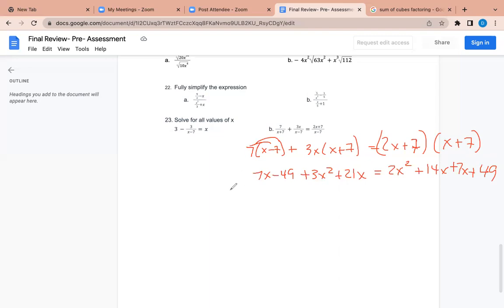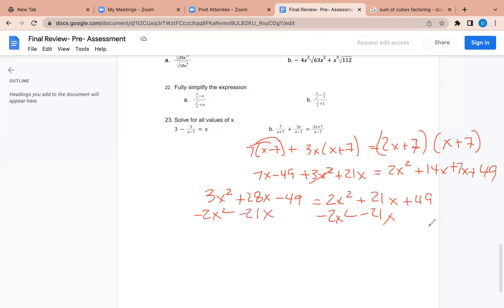Let's combine like terms and put them in order. 3x squared, this would be plus 28x minus 49 equals 2x squared plus 21x plus 49. So subtract the 2x squared, subtract the 21x, subtract the 49.